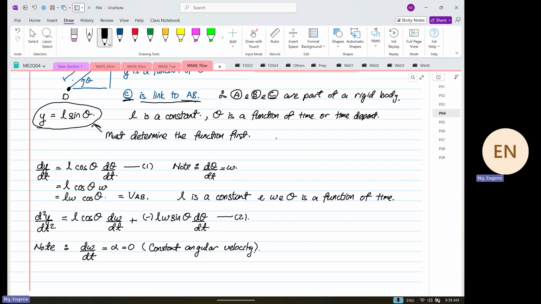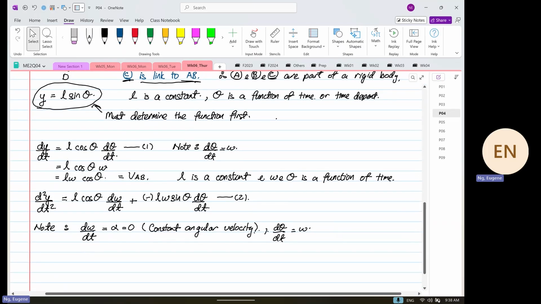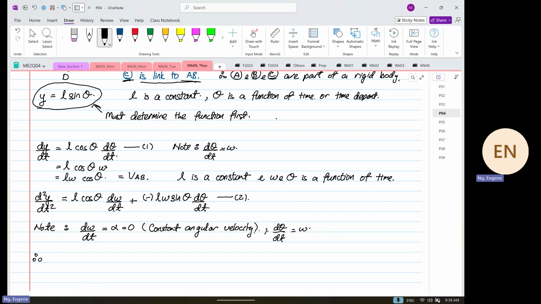And we are also aware that d theta over dt is equal to omega, right? So therefore, d squared y over dt squared will be equal to minus L omega sine theta, and then we multiply by omega again.